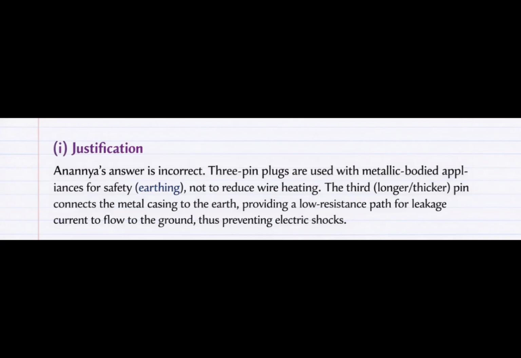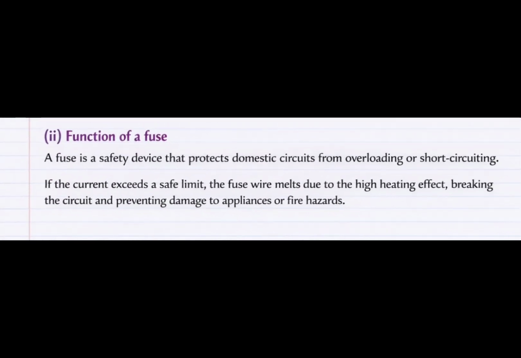Now, coming to the justification, electric appliances with metallic bodies require a 3-pin plug for earthing. If the live wire accidentally touches the metallic casing of the appliance, the earth wire carries current to the ground. The extra leakage of current is carried by the earth wire to where? To the ground. This causes the fuse to blow, protecting the user from electric shock.